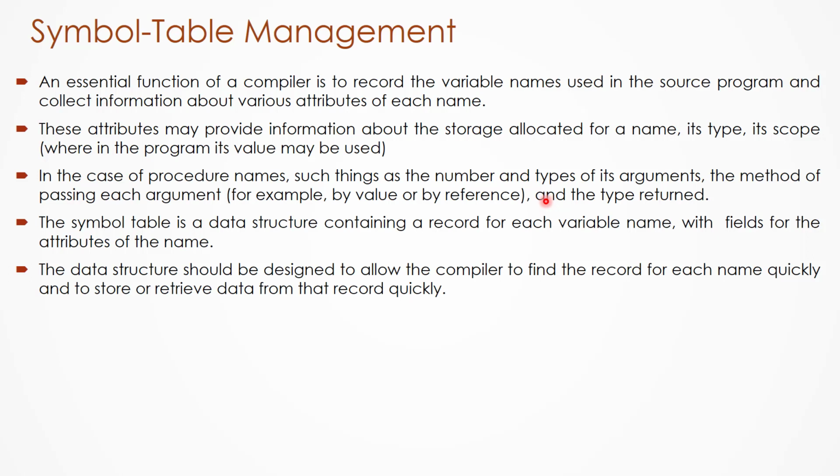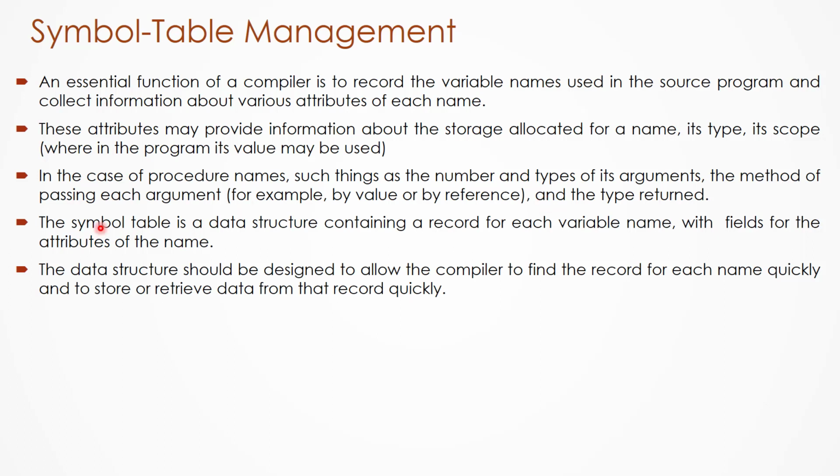So if a procedure name is stored in the symbol table, along with that, the number of arguments, the types of arguments, the method of passing each argument. Method of passing each argument means whether it is passed by address or passed by reference or passed by value, and also the type returned. These things are also stored in the symbol table.